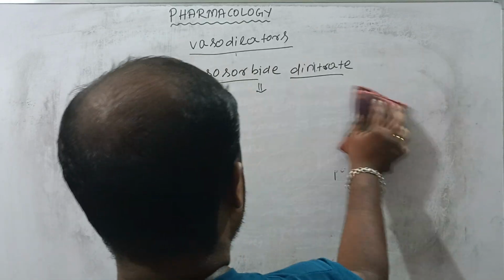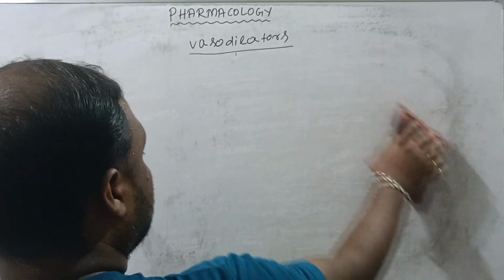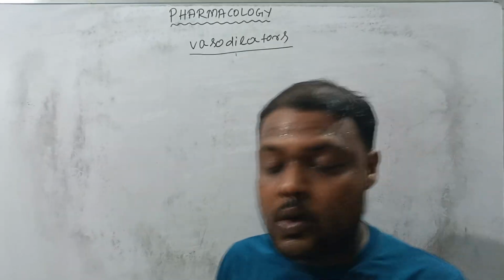Then another vasodilator is isosorbide mononitrate.